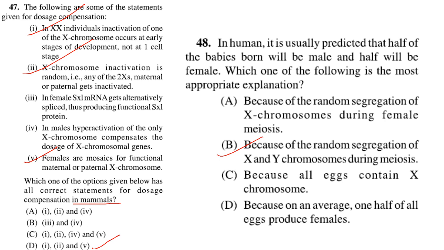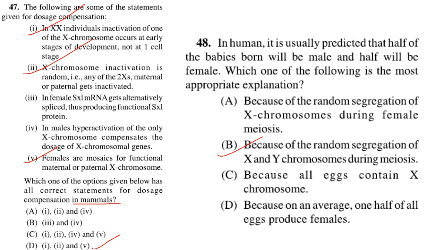So in XX individual, inactivation of one of the X chromosome occurs at early stages of development, not at one cell stage. That is correct. Then X chromosome inactivation is random, that is any of the two X's, maternal or paternal, gets inactivated. That's also correct. In female, SXL mRNA gets alternatively spliced, thus producing functional SXL protein.